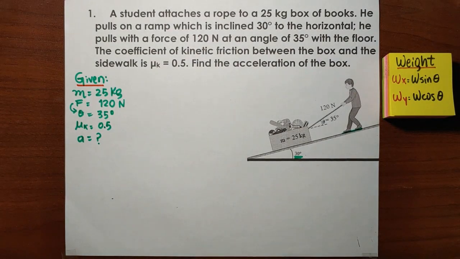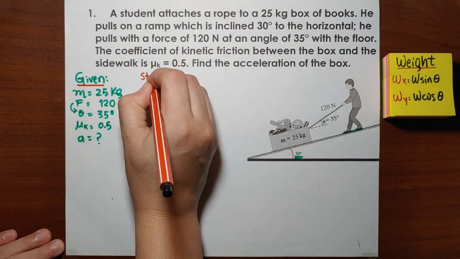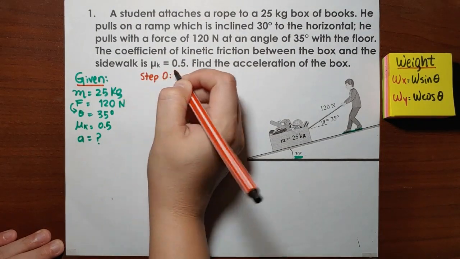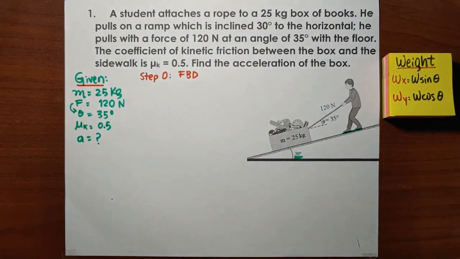Now let's take a look. We're gonna be doing the same that we used to. The free body diagram is going to be like the step 0, okay. The step 0 is the free body diagram because we need it a lot. Now, instead of drawing like we used to, let's take a look here.